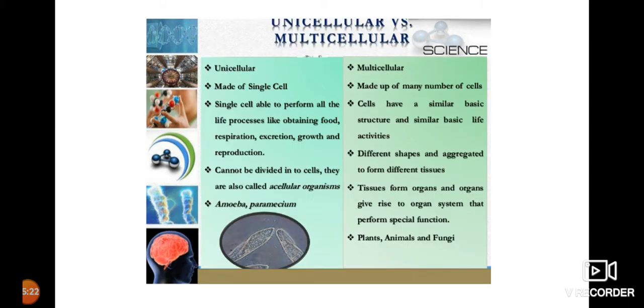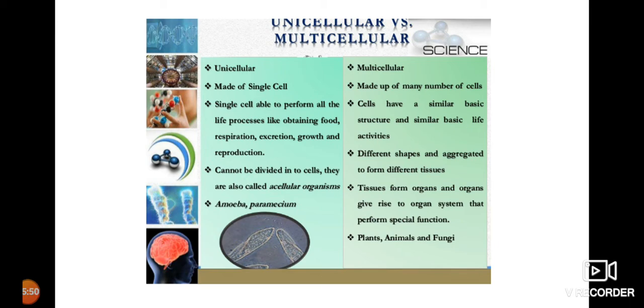Now, there is a small differentiation which I have put forward for you to differentiate between unicellular and multicellular ones. If you just check out the points, unicellular organisms are made up of a single cell, whereas multicellular organisms are made up of many cells.